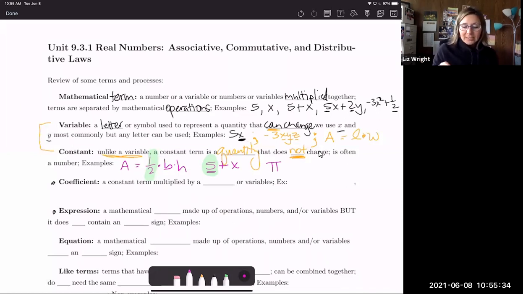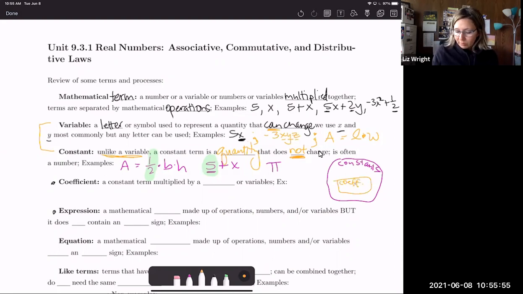A coefficient is a type of constant. So I want you to think about nesting baskets again. Here's the set of constants, and then we have a smaller subset inside, made up of coefficients.